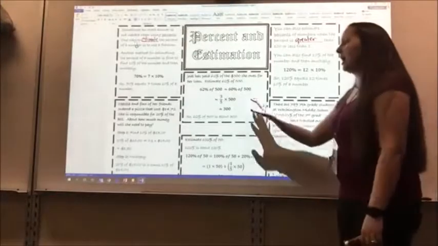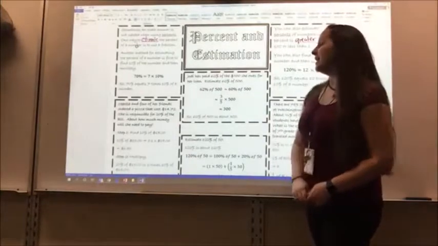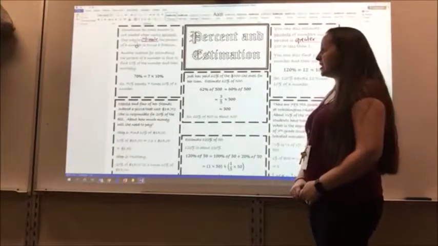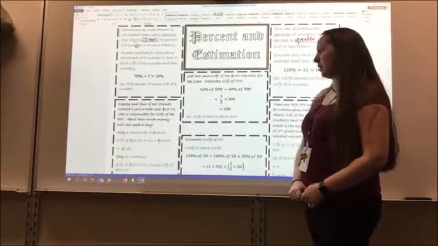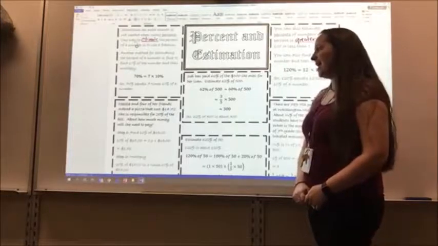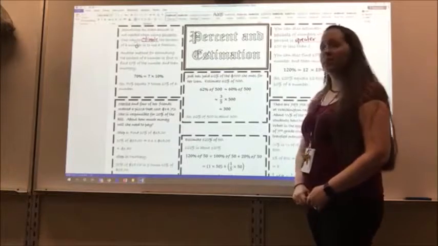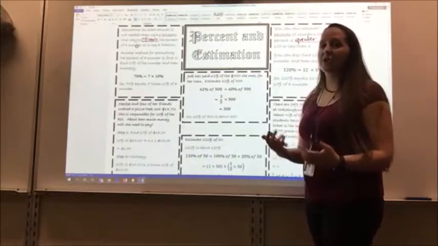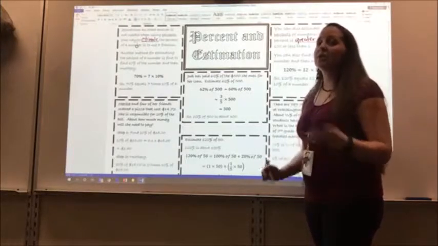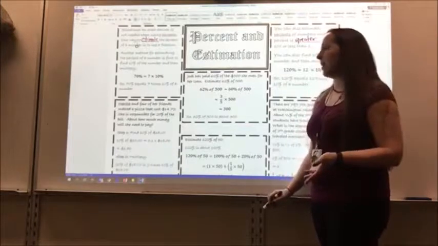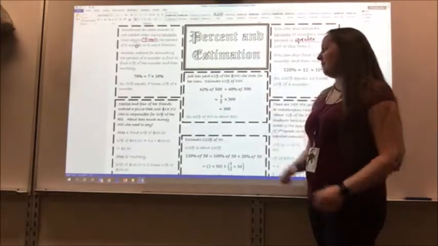So let's take a look at an example here in the middle. It says Jody has paid 62% of the $500 she owes for her loan. Estimate 62% of 500. So 62% is actually really close to 60, so that's where I'm going to take my estimate from. 60% of 500.